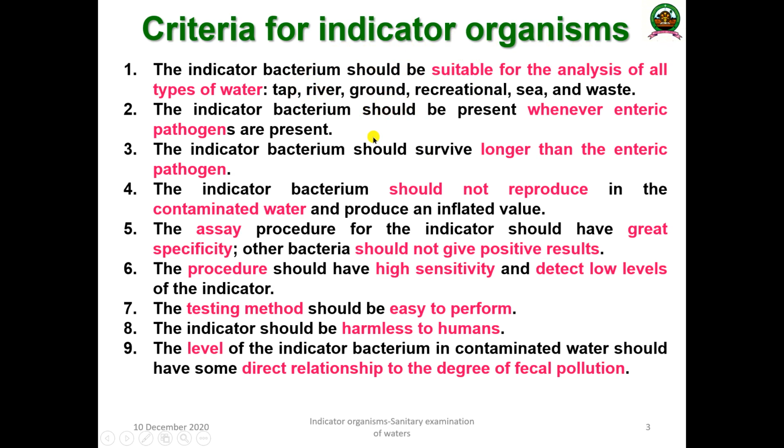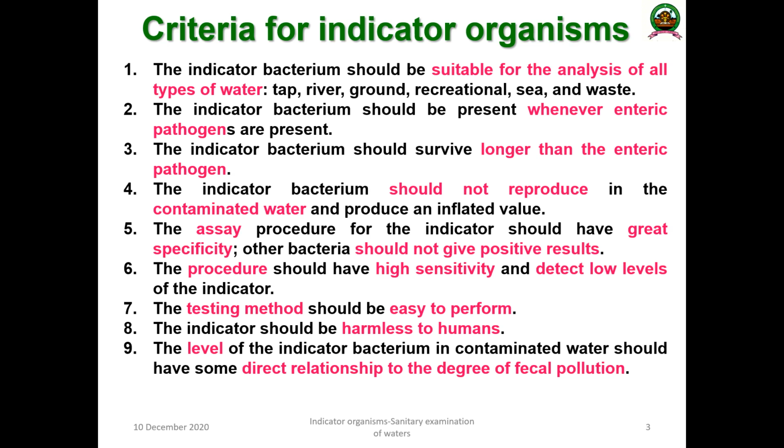There are 9 criteria. More than that, but we can discuss some of the important criteria. Number 1, the indicator bacterium should be suitable for the analysis of all types of water. We are going to check so many types of water. What do you mean by all types of water?